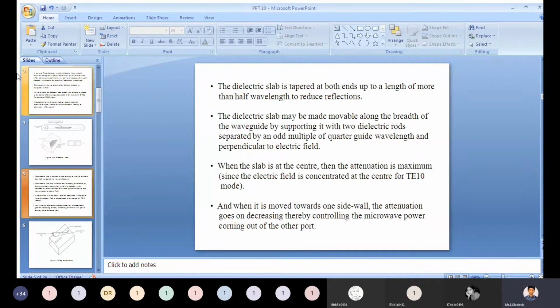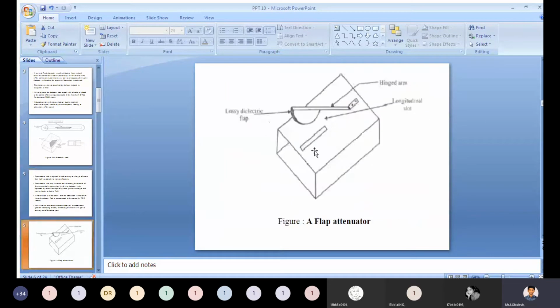See this flap attenuator in the coming figure. This figure shows a flap attenuator, which is also a variable attenuator.